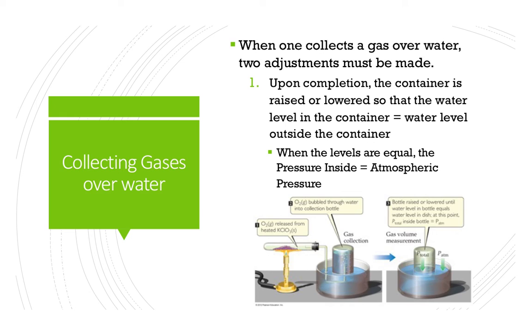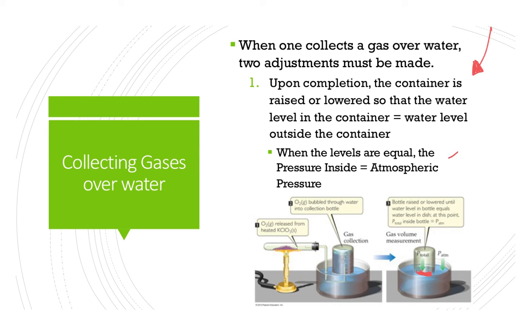When you do this, there are two adjustments that have to be made in order to accurately make measurements. The first is that when you complete collecting the gas, the container has to be raised or lowered so that the water level inside the container equals the water level outside the container. Then you can read the value.